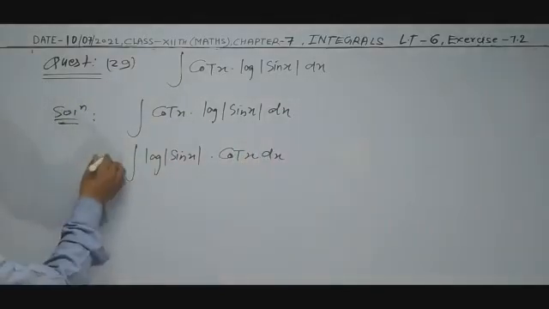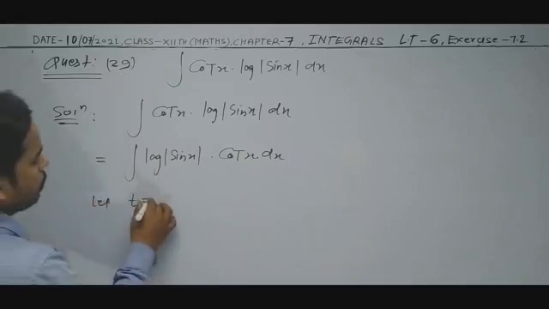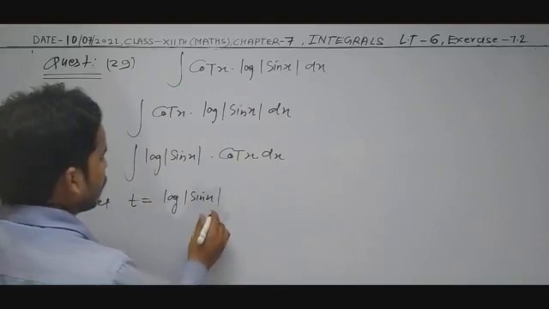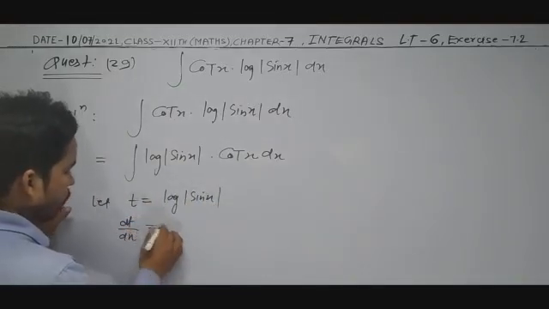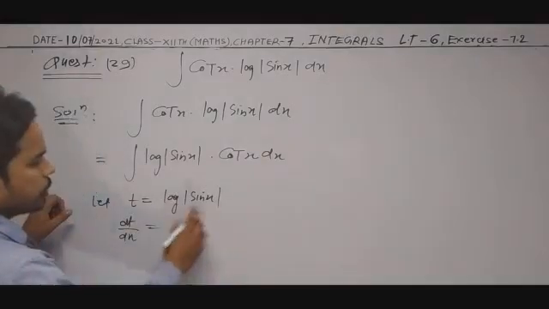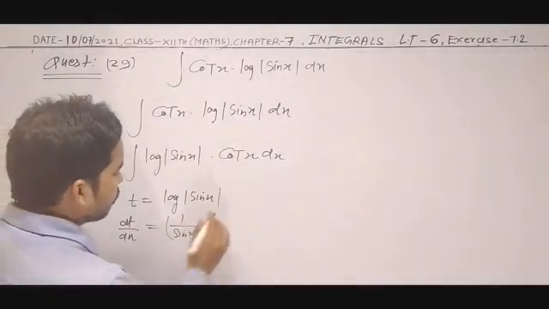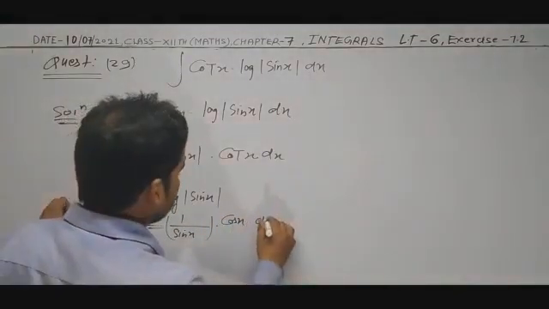So now let t be equal to log of sin x. So dt by dx, by log differentiation, will be 1 upon sin x, and the sin x differentiation is cos x.